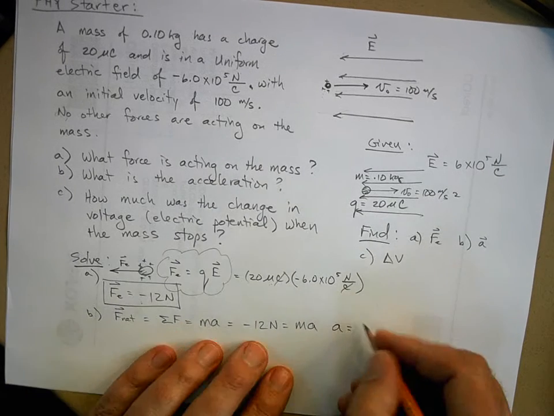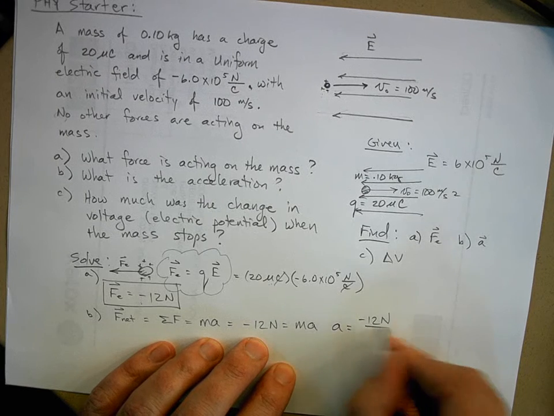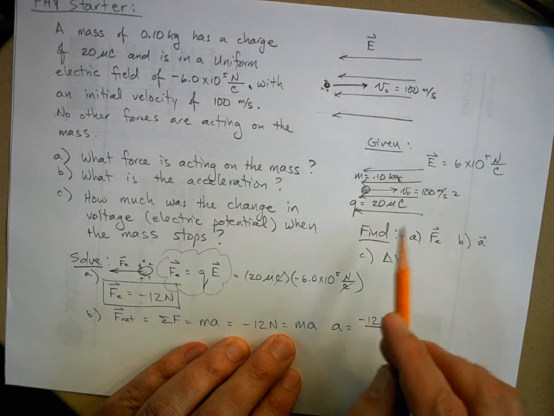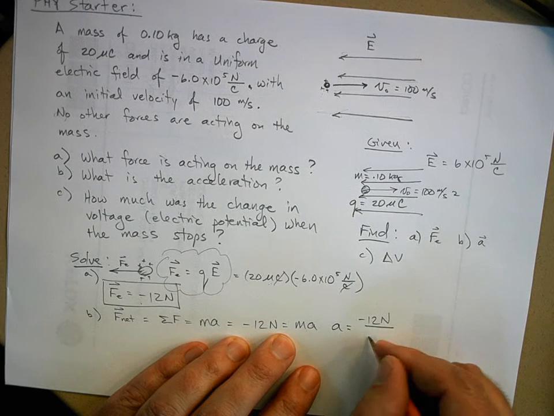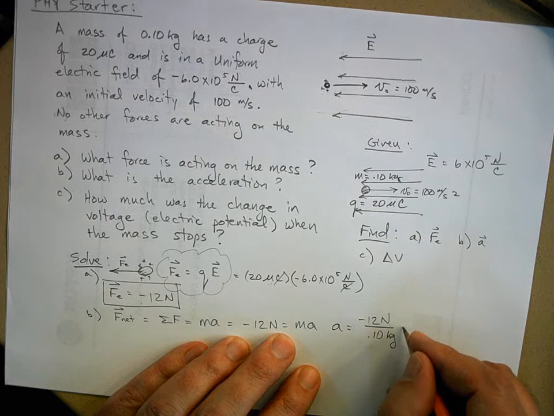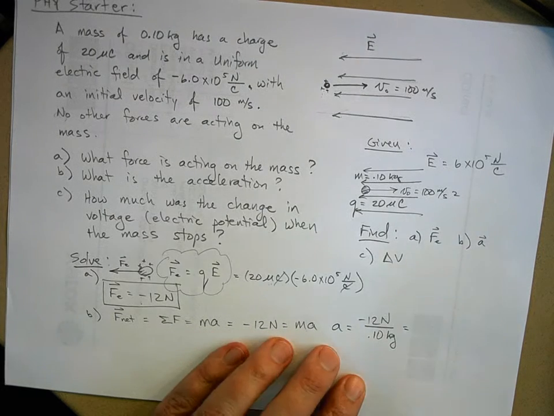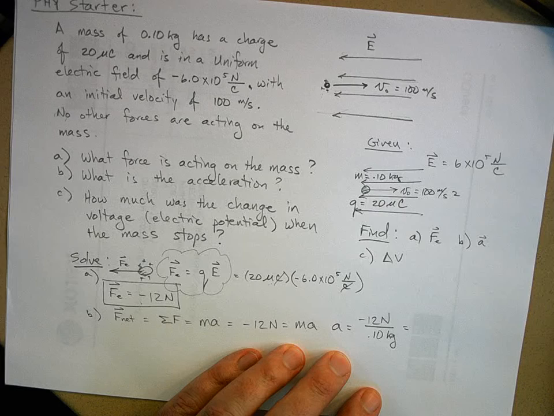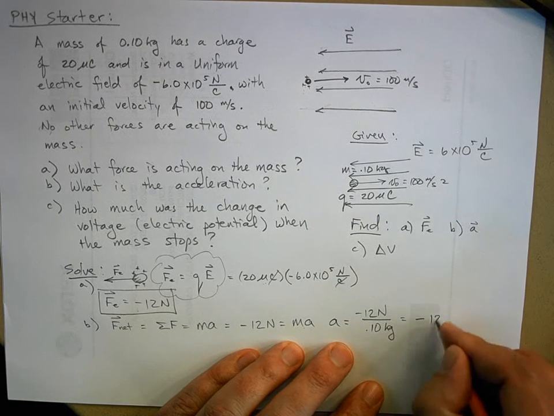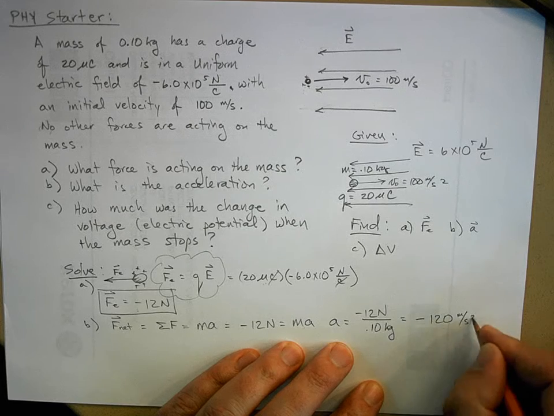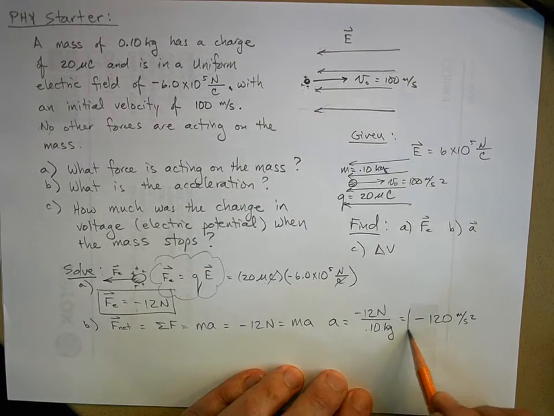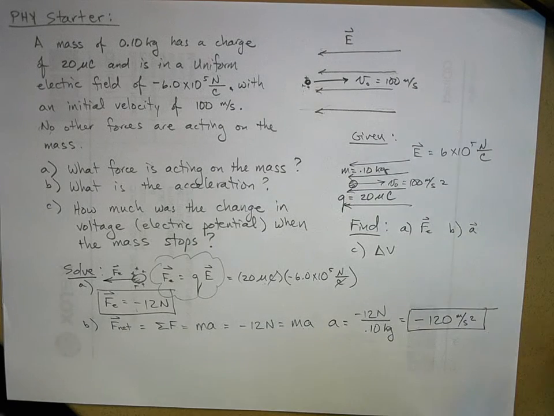So a is equal to negative 12 newtons divided by the mass. Well, the mass is given to be 0.1 kilograms. And so a newton per kilogram, the kilograms cancel out, you get meters per second squared. So this is going to give us negative 120 meters per second squared. That's our acceleration. And again, the negative just means to the left.